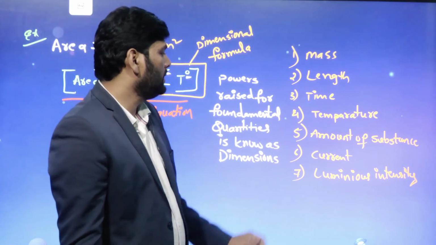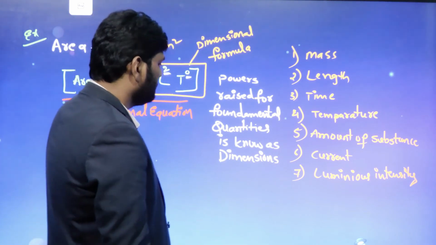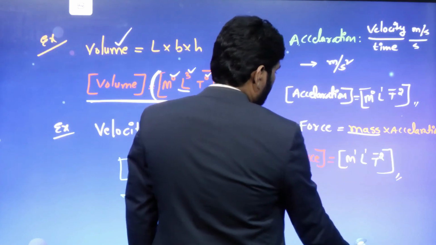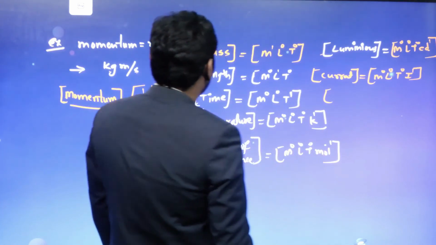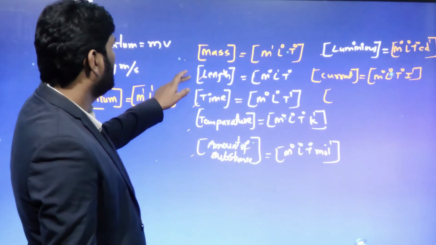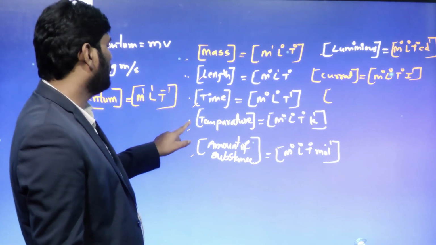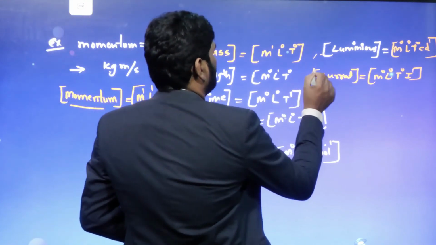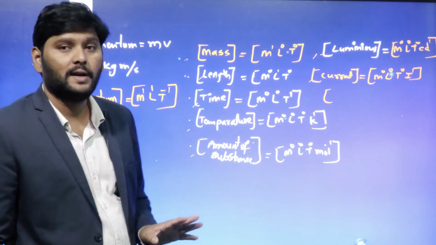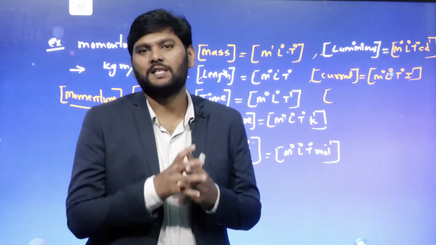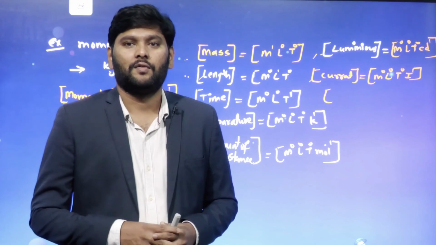All 7 done. Mass, length, 1, 2, 3, 4, 5, 6, 7. So totally 7 fundamental quantities completed. This is your topic for today.